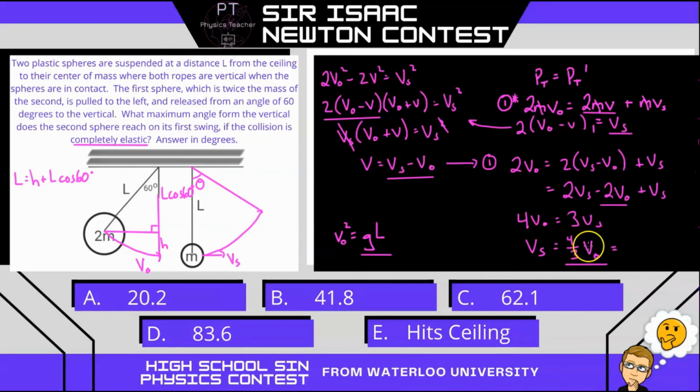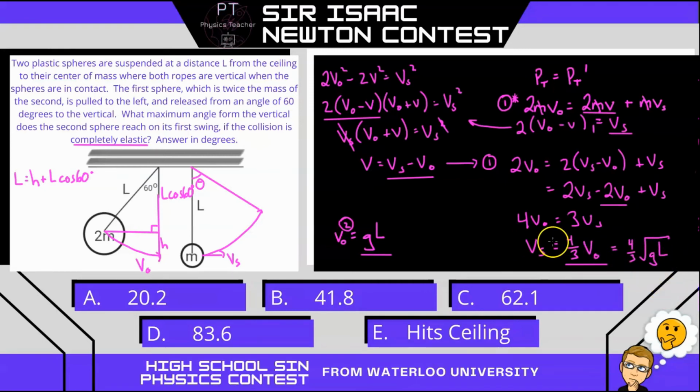So what do we have here? Since we know that v naught squared is GL, we know that vs is 4/3 times the root of GL. Alright, so what do we know then?